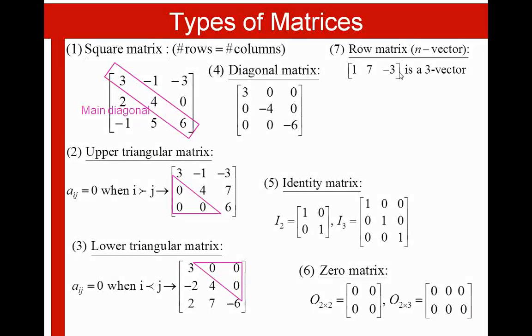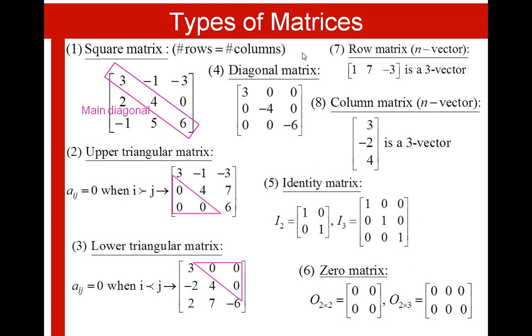This is a 1 by 3 matrix. A column matrix is a 3 by 1 matrix. It can be an n by 1 matrix. Here it can be a 1 by n matrix. And these are the types of matrices that we will encounter in this course.